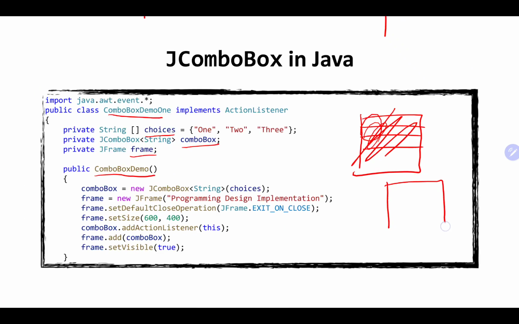Just a list like this: you have 1, 2 and then 3. And then inside you're gonna have the title here, and you have the close operation option. You just exit when you click on exit, and the size will be 600 times 400.